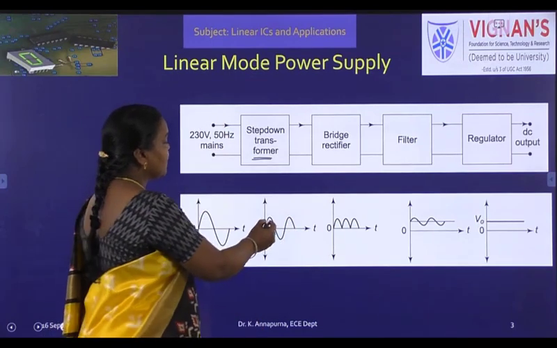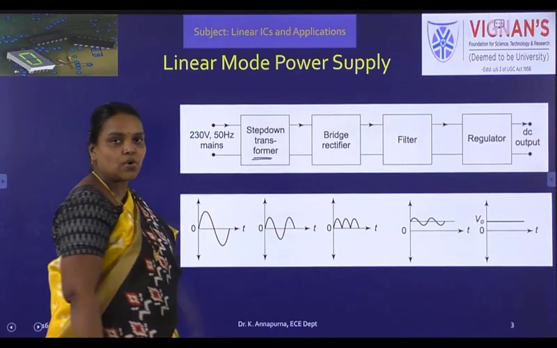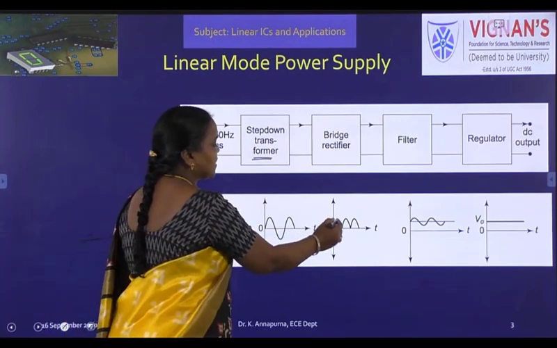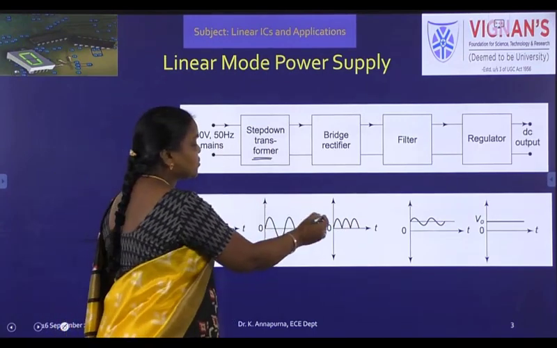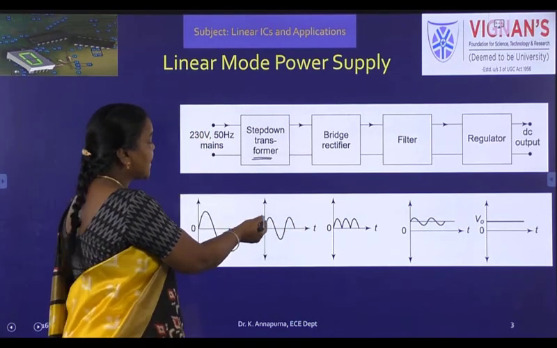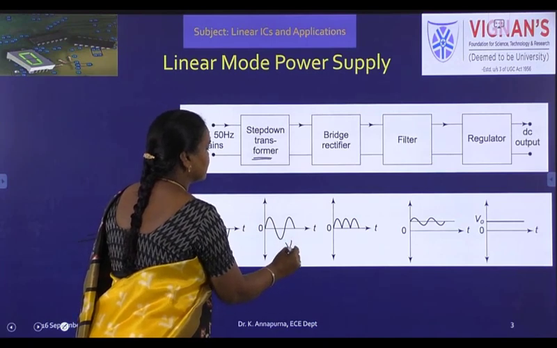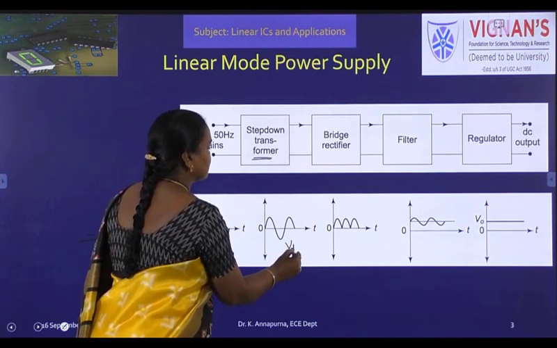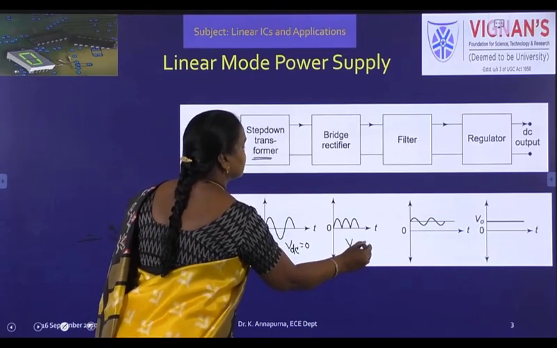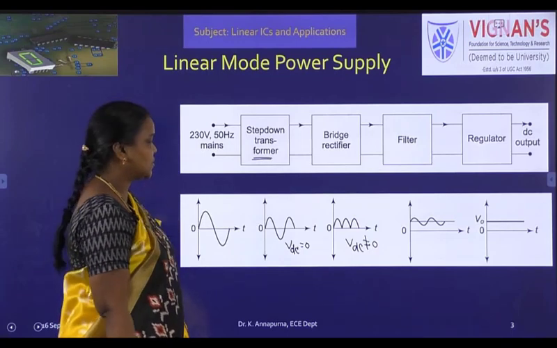The input of the rectifier has both positive and negative half cycles, whereas the output has only positive half cycles. If you take the average of the output signal, it is not 0, but the average of the input signal is 0. So the average is nothing but the DC signal.